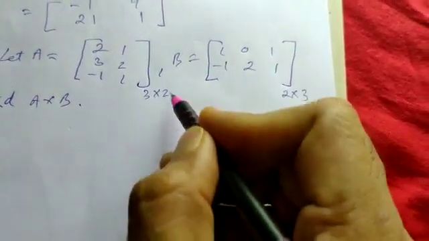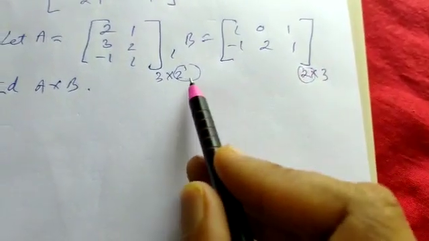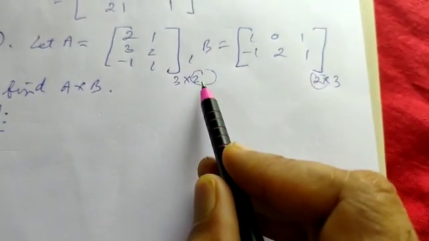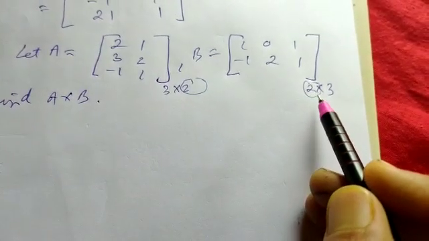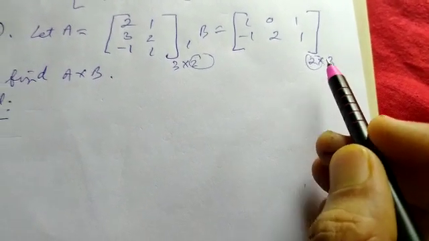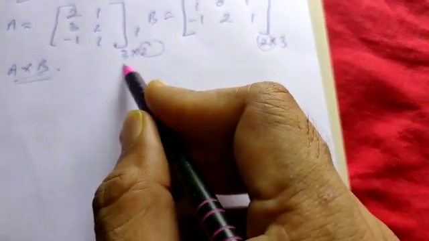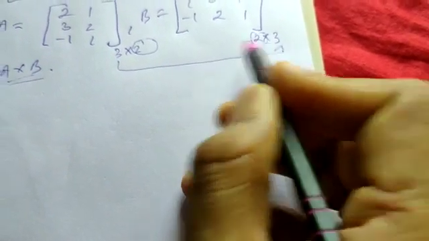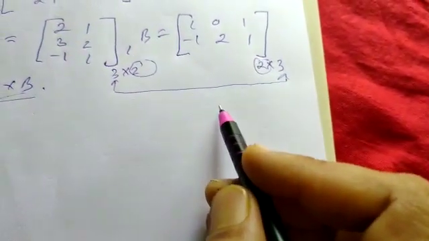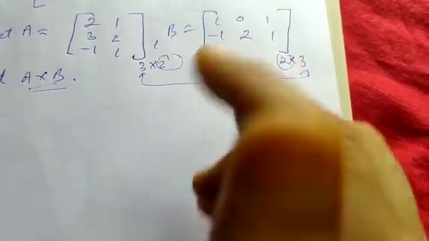So 2 cross 3, and what you can see is that the number of columns of matrix A are the same as the number of rows of matrix B. Therefore matrix multiplication is possible. And also the order of this matrix A cross B will be 3 cross 3.